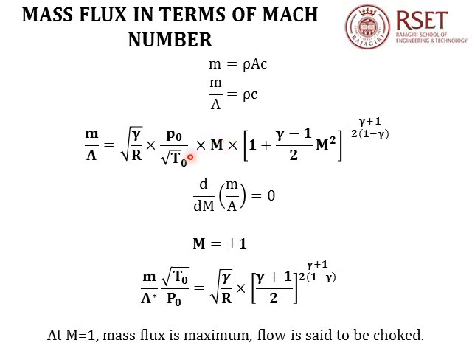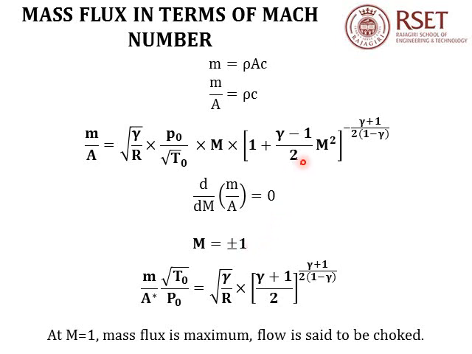If we differentiate this equation with respect to Mach number and equate it to 0, we will get the condition for maximum mass flux, which is obtained to be plus or minus 1. Taking the positive value for Mach number, we see that the mass flux is maximum when Mach number is equal to 1.